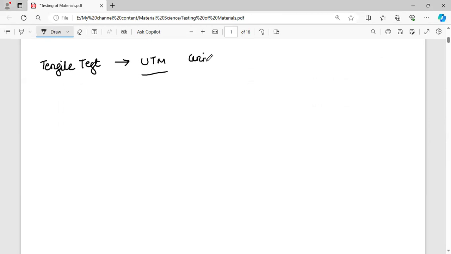UTM means Universal Testing Machine. So, the tensile test can be conducted by the Universal Testing Machine. By using this machine, we can find out the different types of tensile properties. What are the tensile properties that can be measured by the Universal Testing Machine?